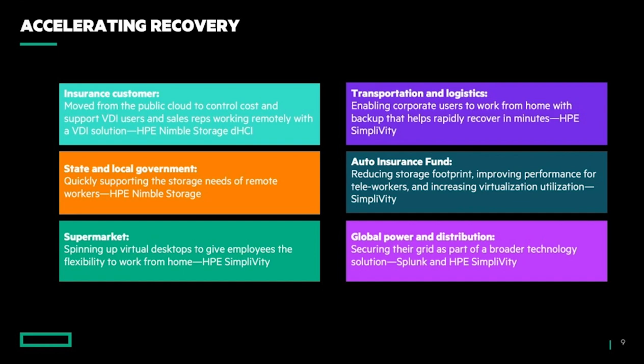They already had several VDI users, and they had a need to bring on an additional 400 plus sales reps who were going to be working remotely due to their business model continuing to evolve and COVID-19. They chose to deploy it on Nimble Storage DHCI, and the results have been pretty phenomenal.